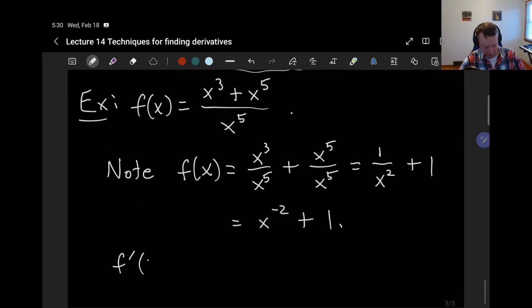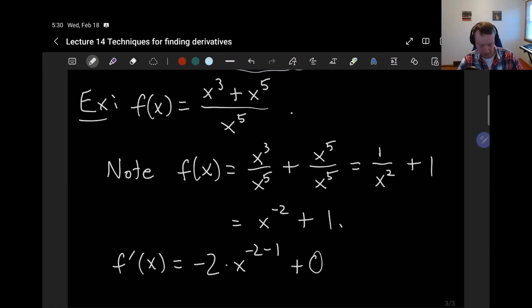So then f prime of x: negative 2 comes down times x to the negative 2 minus 1, and then plus 0 because the derivative of 1 is 0. 1's a constant. So we get negative 2 times x to the minus 3, or negative 2 over x cubed.